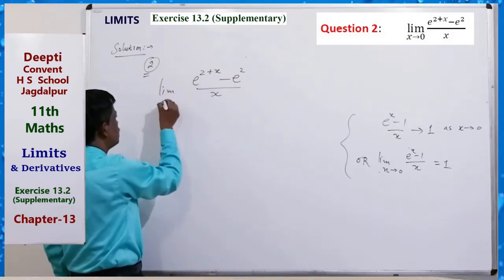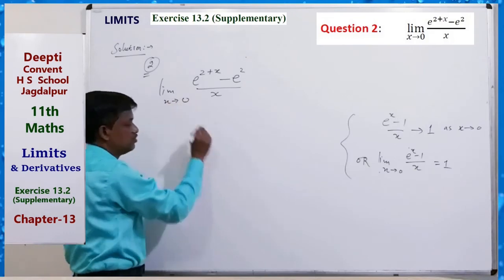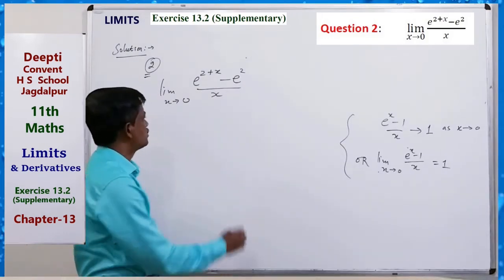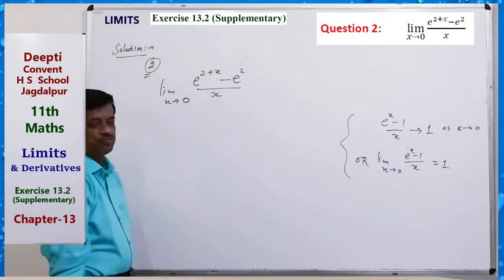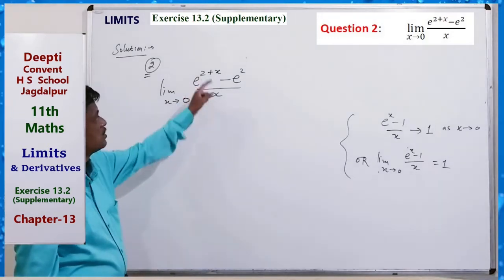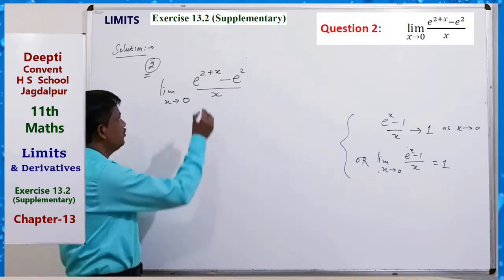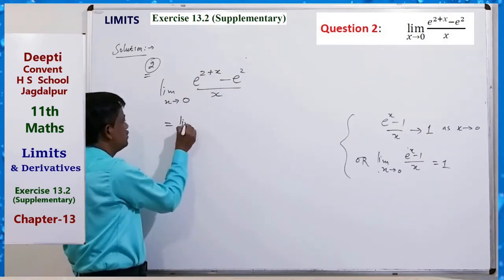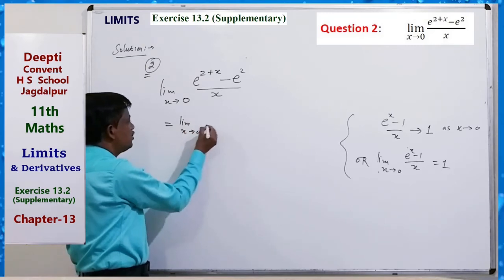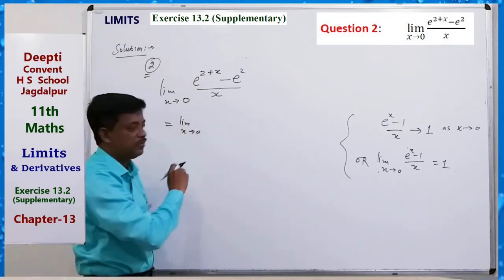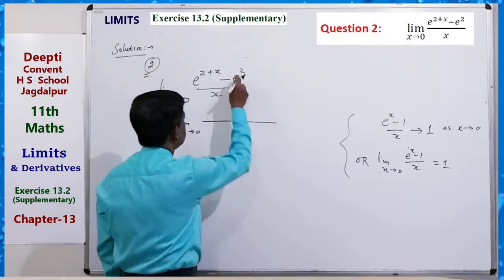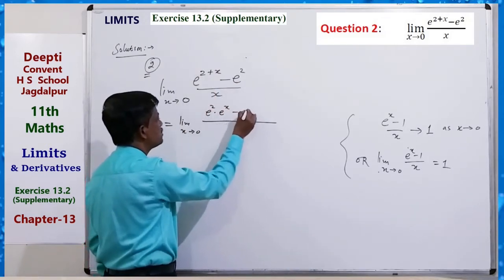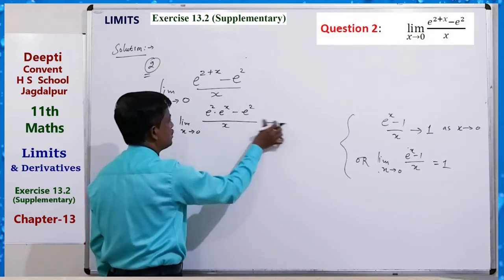We have to find this. So here, 2 plus x, we can write like this. Just try to convert it into this form. So e square, e to the power 2 into e to the power x minus e to the power 2 upon x, we can write.